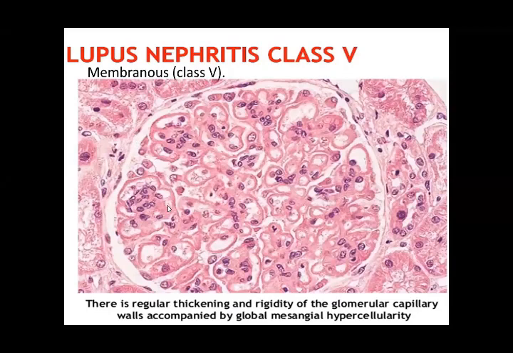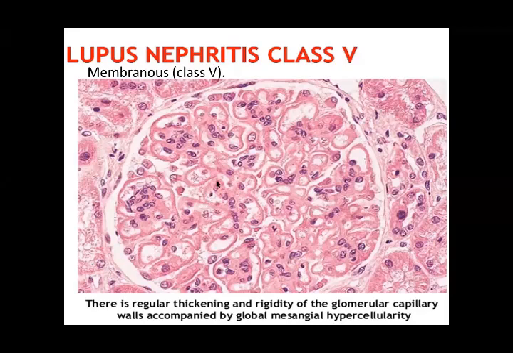This is membranous glomerulonephritis. There is irregular thickening and rigidity of capillary walls accompanied by global mesangial hypercellularity. The hypercellularity of mesangium in this case is not accompanied by immune deposits in the mesangium, so it is not IgA nephropathy.